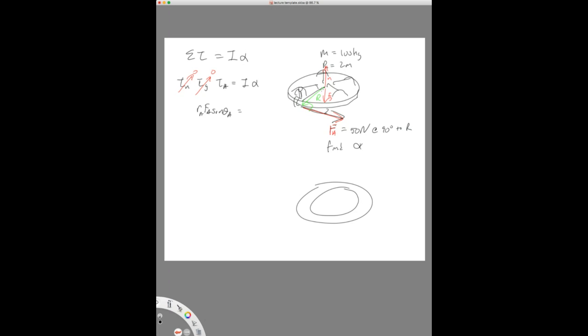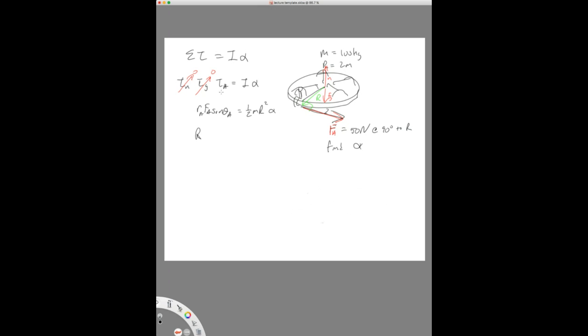So we would go to our table and look up the formula for the moment of inertia of a cylinder or a disc. And the formula for that is 1/2 mr squared. And we still have alpha. So the radius is just R, the big R, the radius of the disk.